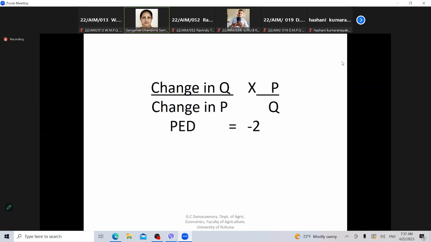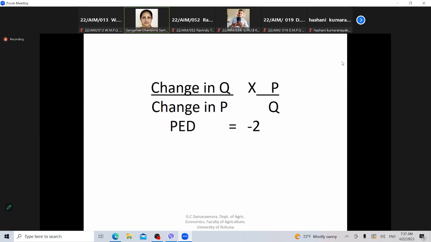I explained during the last section that price elasticity of demand always comes as a negative value, because you may remember the shape of the curve or line. It is an inverse relationship between quantity demanded and price. Every time price increases, quantity demanded decreases.